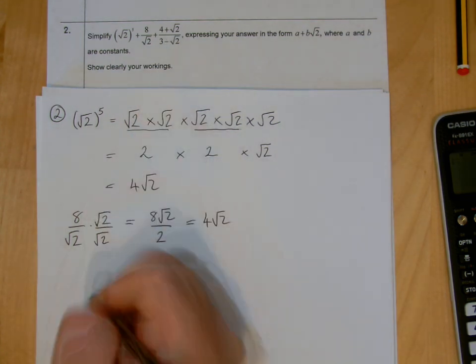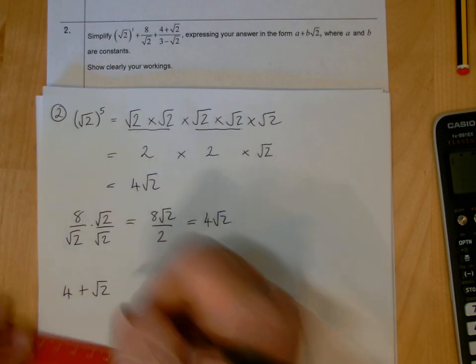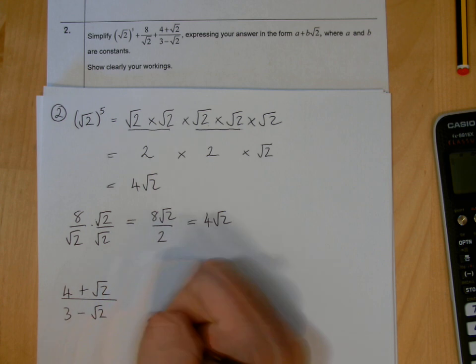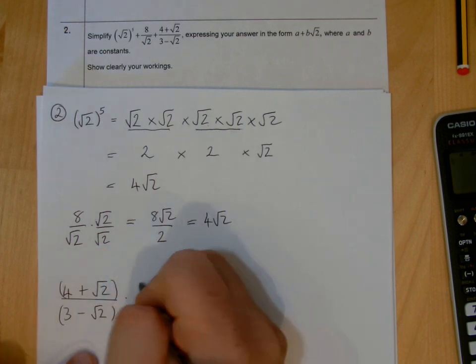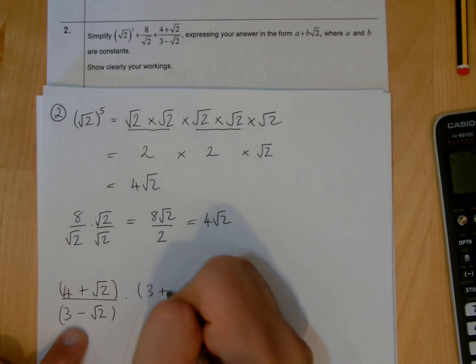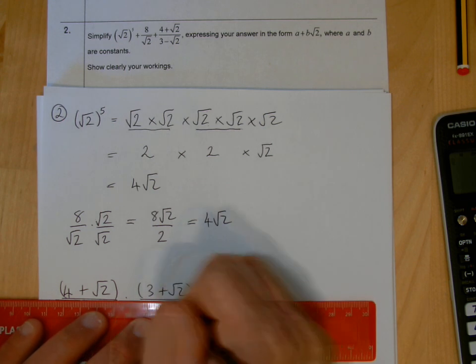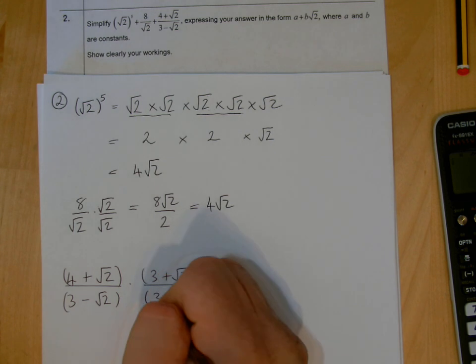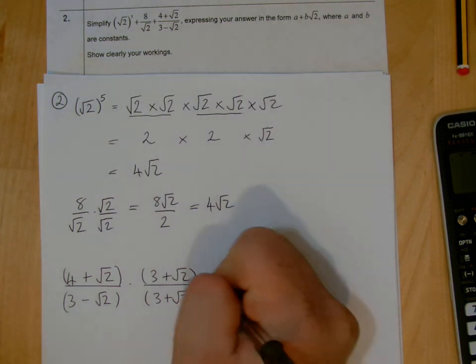The third one then, again we need to rationalize the denominator. So we've got 3 minus root 2. To rationalize this, we write what's on the bottom but change the sign, so we times it by 3 plus root 2. It's always the same as the bottom bracket but with the sign in the middle being opposite.